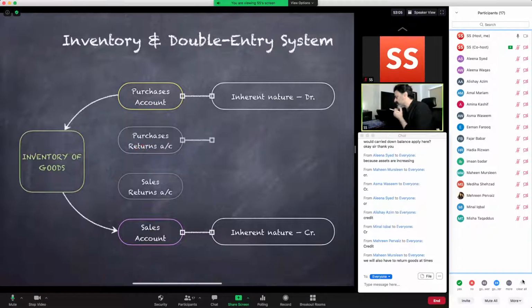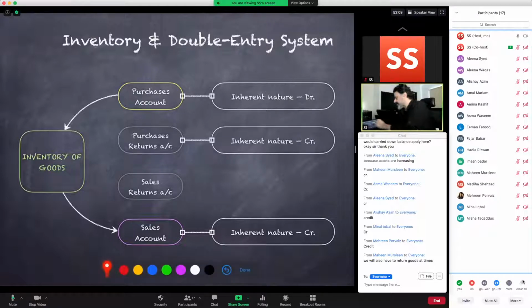So purchases returns account should have an inherent nature of credit because it's the opposite of purchases. So if purchases have a debit nature, the purchases returns account must have a credit nature because they are opposites of each other. Do you understand the meaning of purchases returns and the purchases returns account's inherent nature? Give me your feedback, please.